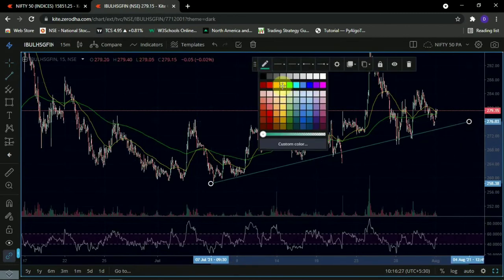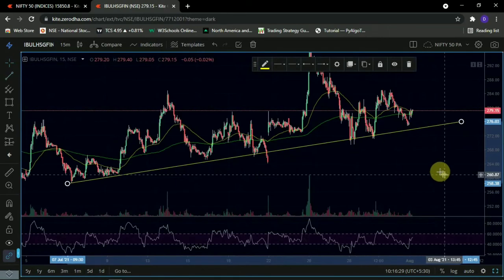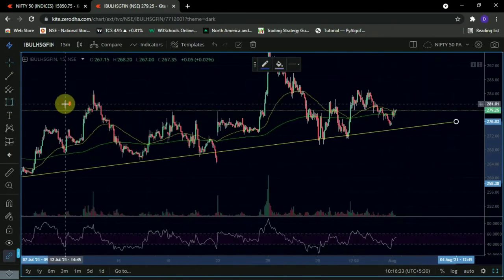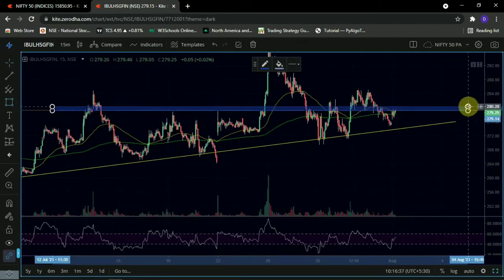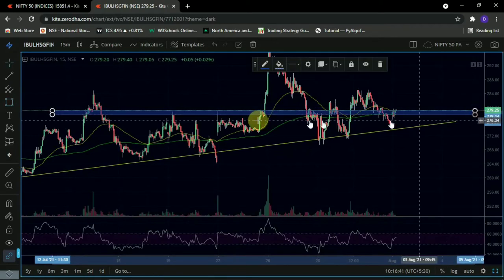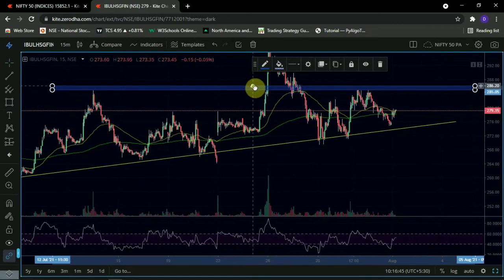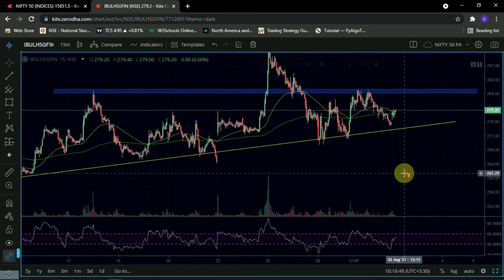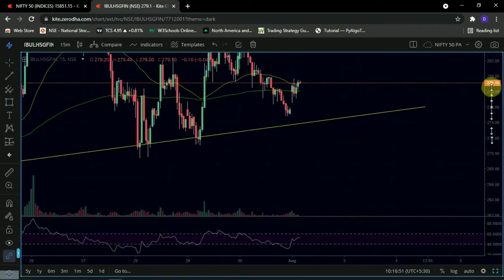This was the lower trend line, and this was the supply zone at this point. Here also, this is the first supply zone, and this is also a supply zone at this point. So let us consider this one.